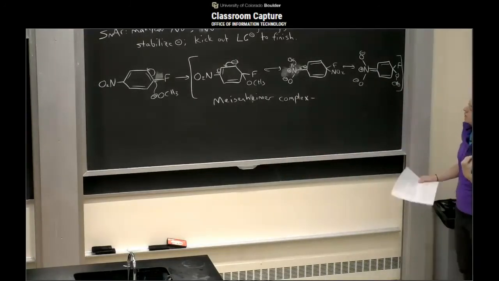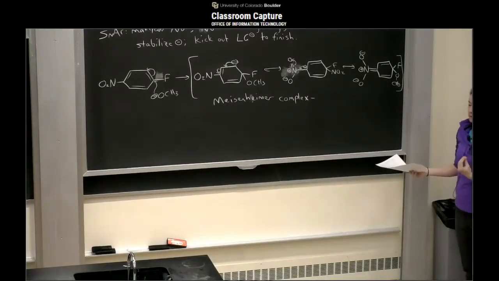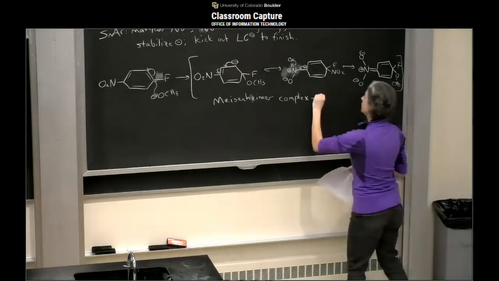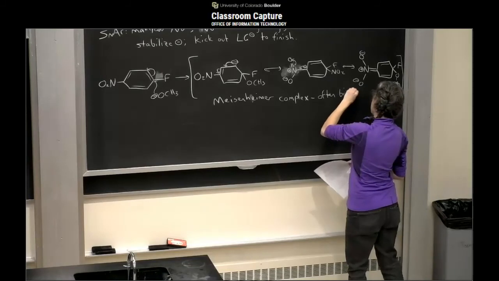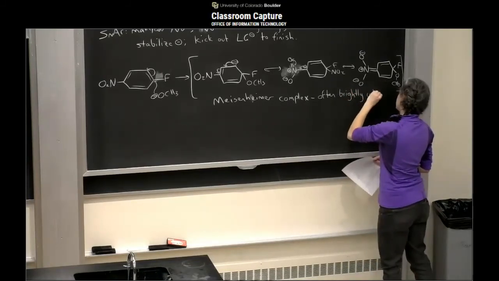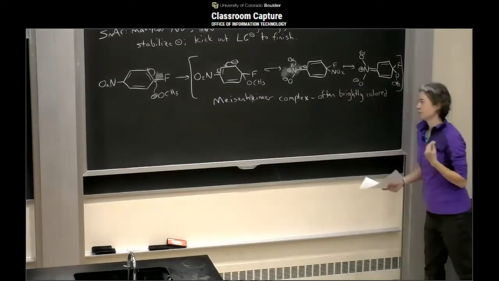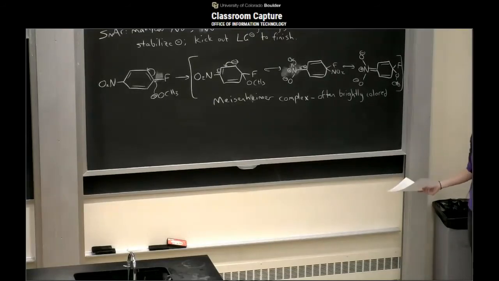And it actually turns out to be frequently very brightly colored, just because of the way the relative orbital energies work out and the way it interacts with light. I think those of you taking lab will see a little bit more of color versus electron density stuff a few labs from now.